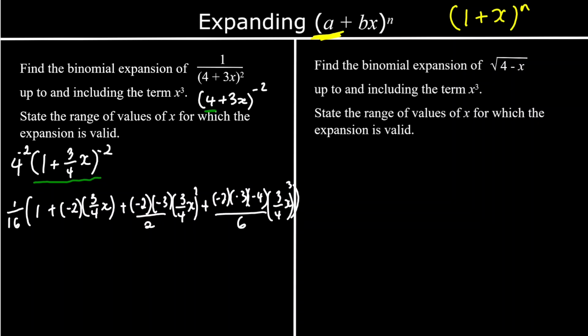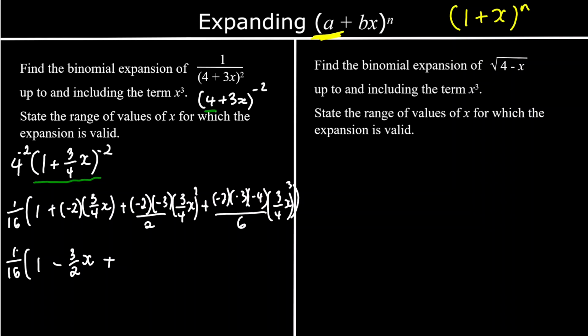So simplifying each of those terms, we've still got 1/16 on the outside, and then it's 1. Negative 2, a negative times a positive is negative. 2 lots of 3/4 is 1.5, or 3 over 2. A negative times a negative is positive.